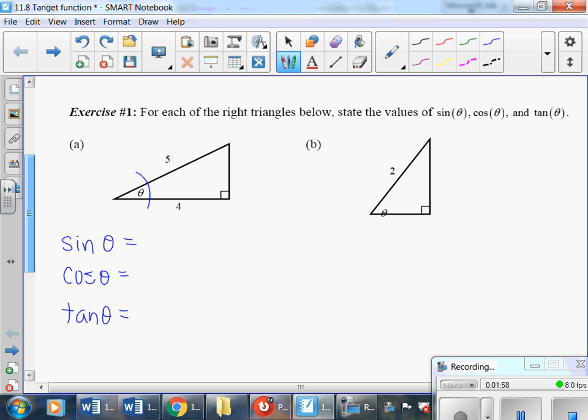Going back to what you remember about SOHCAHTOA, the sine is the opposite over the hypotenuse, the cosine is the adjacent over the hypotenuse, and the tangent is the opposite over the adjacent.